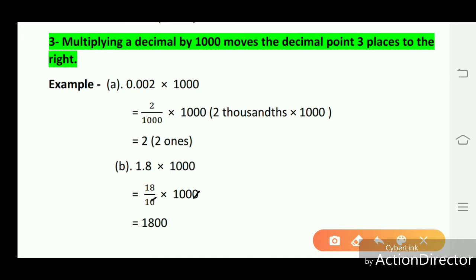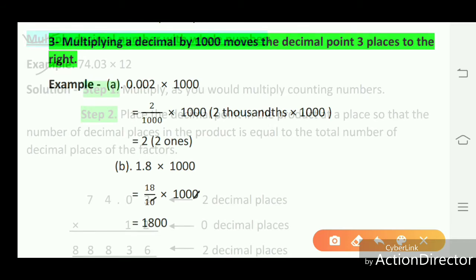So we get 18 into 100, and when we multiply 18 by 100, we get 1800. So here the same rule applies. If we multiply any decimal number by 1000, the decimal shifts 3 places to the right-hand side.